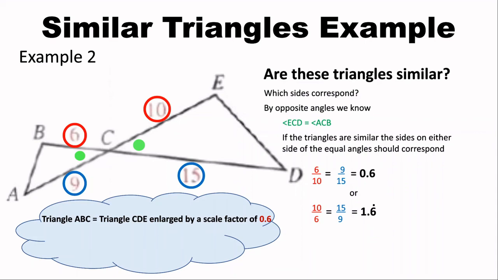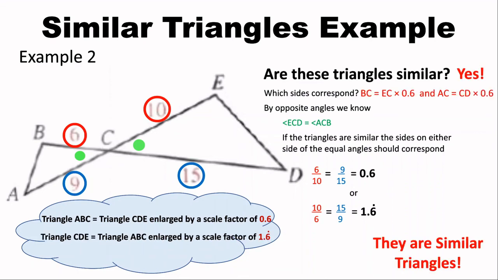That gives our scale factor of enlargement 1.6 recurring, or 1 2/3. So which sides correspond? BC definitely corresponded with EC, and AC definitely corresponded with CD. We found our scale factor of enlargement. So yes, these triangles are similar.